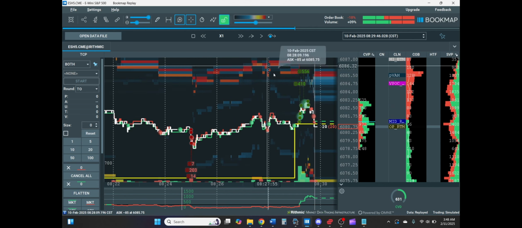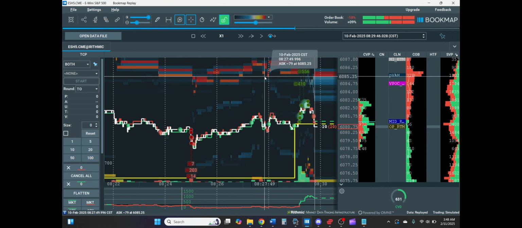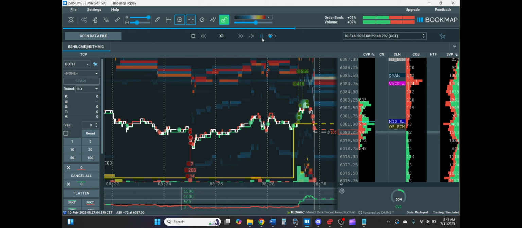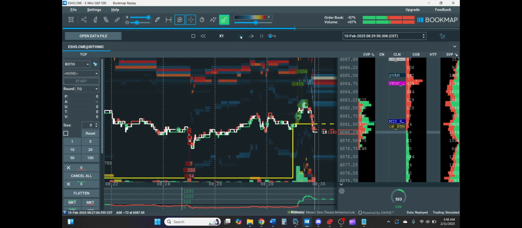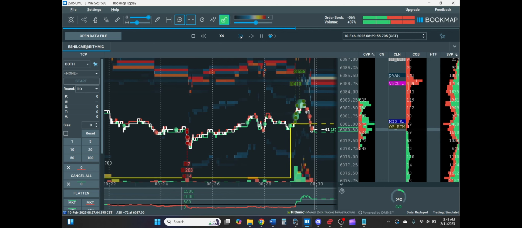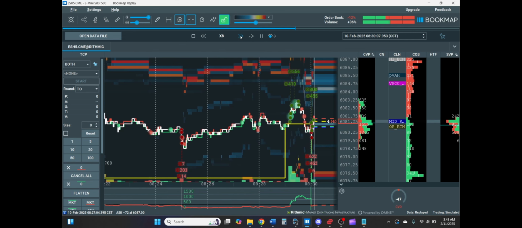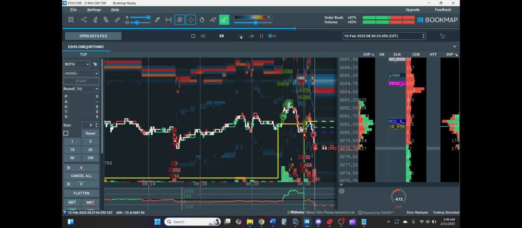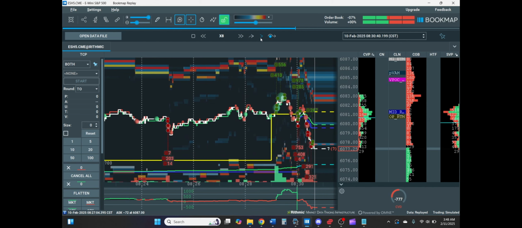So let's see what happens. Go a little bit faster. So right here, where it comes back to retest, is a potential short, not a trade recommendation.